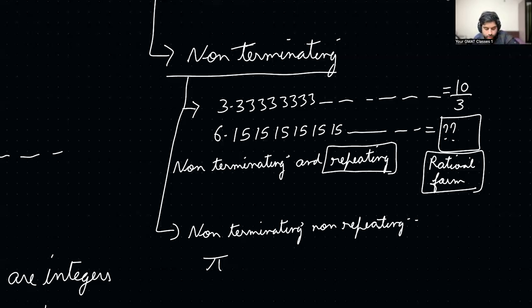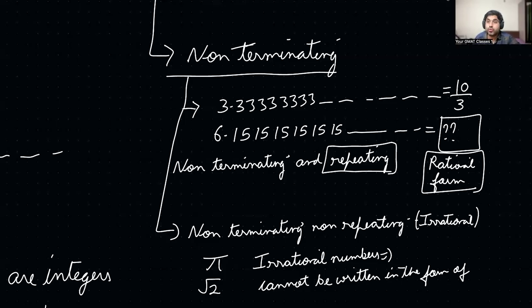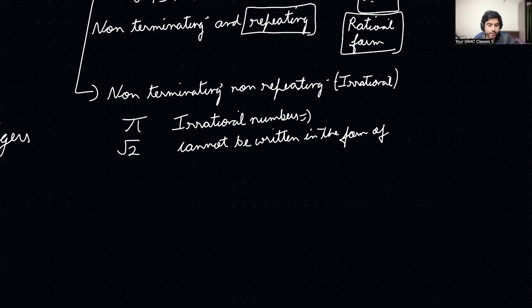And another irrational number here is root 2. And of course, irrational number is something which is opposite of rational number. So irrational numbers are the kind of numbers that cannot be written in the form of p by q, where q is not equal to 0 and p and q are integers.